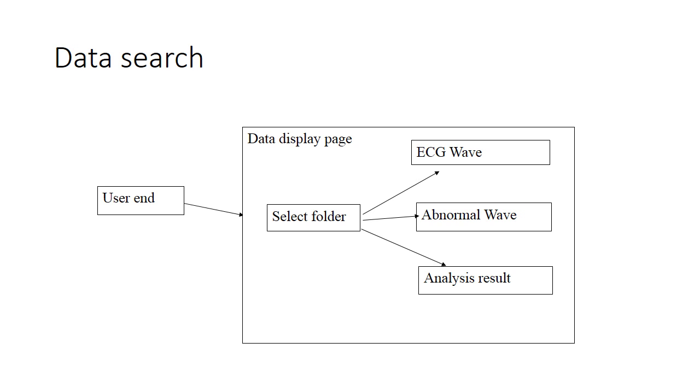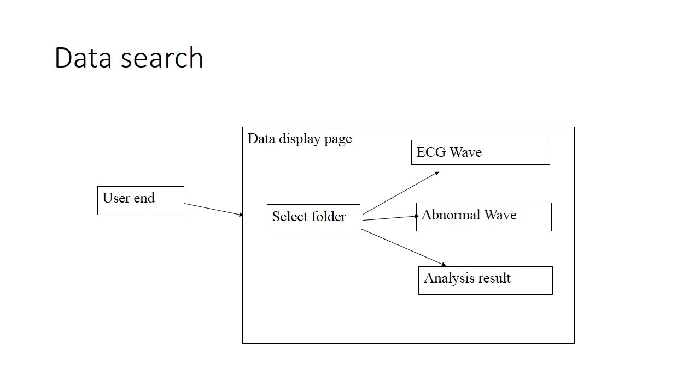ECG wave is about displaying the whole electrocardiogram image. The user can choose to display the whole wave in a selected period of time, and can zoom in, zoom out, or move the wave to look at it clearly. Abnormal wave display is similar to ECG wave.